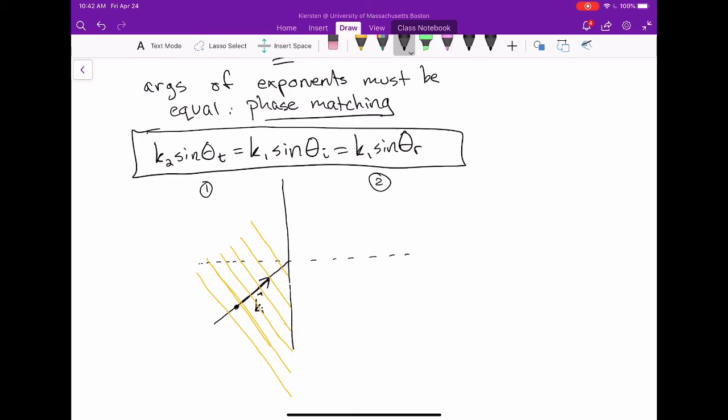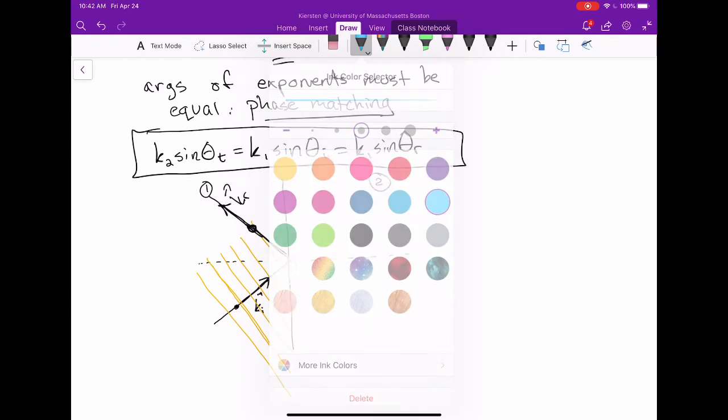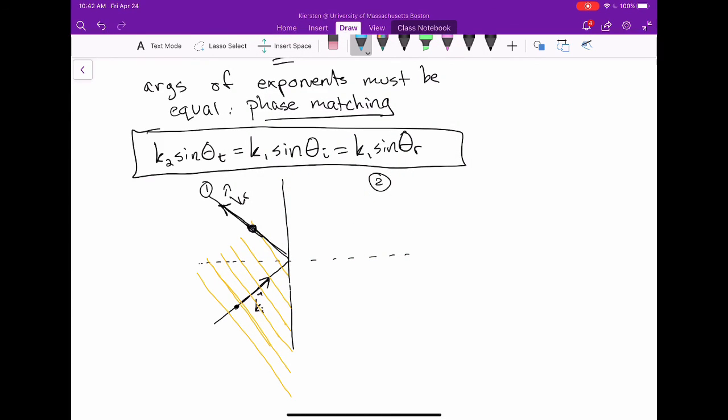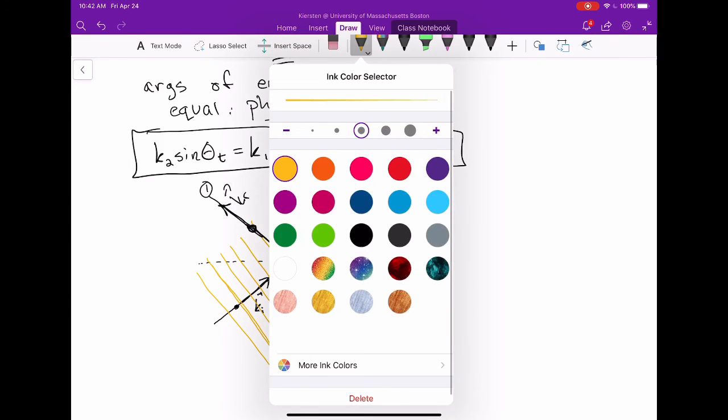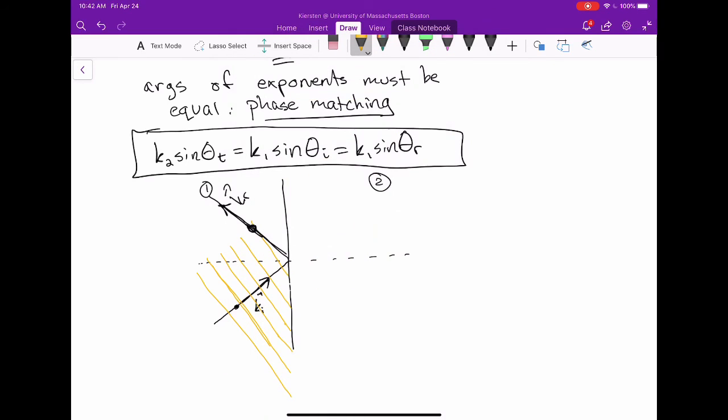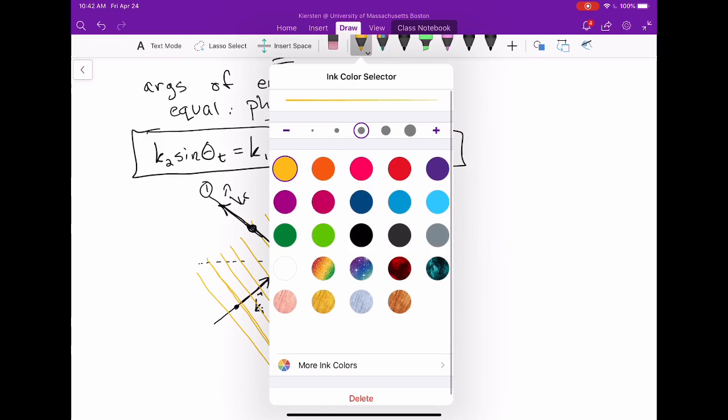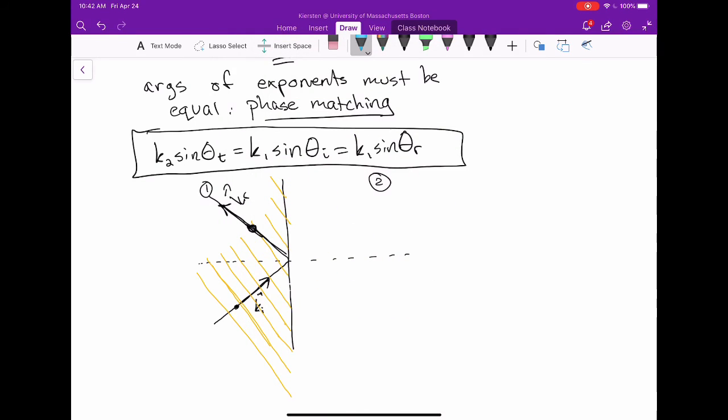Our reflected wave, coming out this way, has to have phase fronts that are perpendicular to the reflected wave vector, and its phase fronts on the interface have to have the same spacing as the incident wave's phase fronts. I'm going to keep drawing the incident wave a little further out so you have some places where they both exist to look at. There we go.